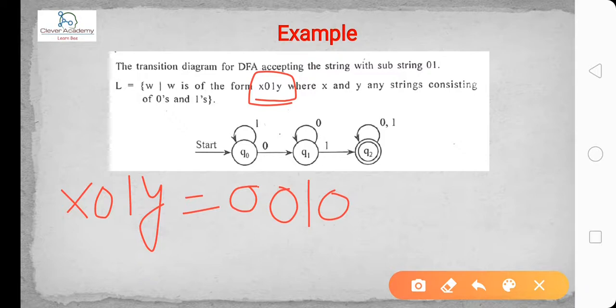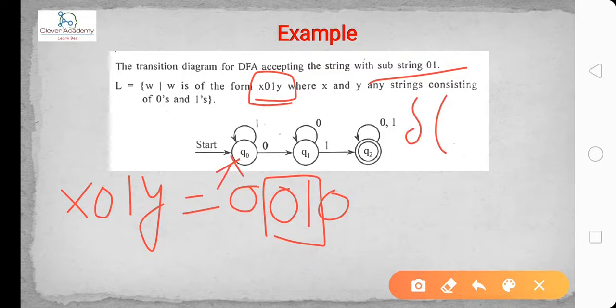Now I want to decide whether this string contains 01 as a substring. Yes, it does. So first I take delta of the initial state q naught, with the first symbol 0. Q naught on 0 moves to q1, so I take it as q1.